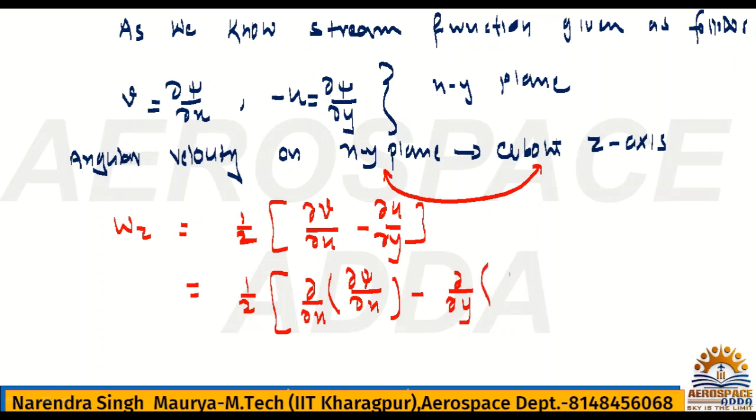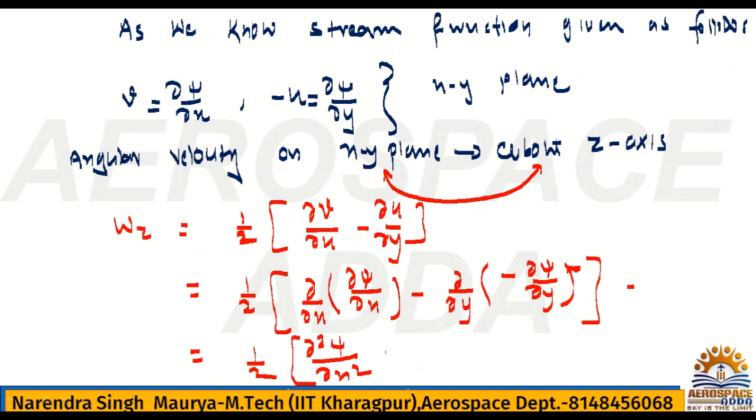U is nothing but minus dou psi by dou y. What will we get? 1 by 2 dou square psi by dou x square plus dou square psi by dou y square. Agree?